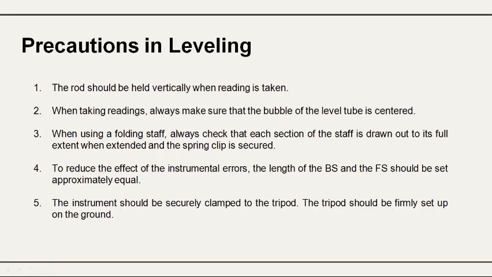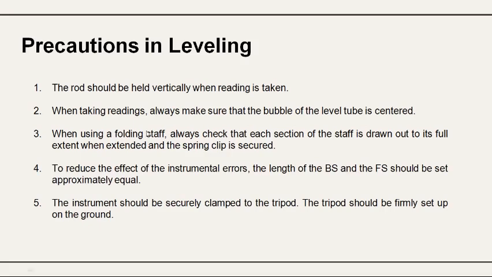So to summarize, to avoid those sources of errors as well as the common mistakes in conducting a survey, these are the list of precautions or reminders in conducting a leveling survey. First, the rod should be held vertically when the reading is taken. Also, make sure that the bubble in the level tube is centered.